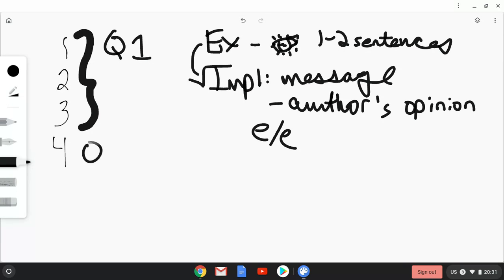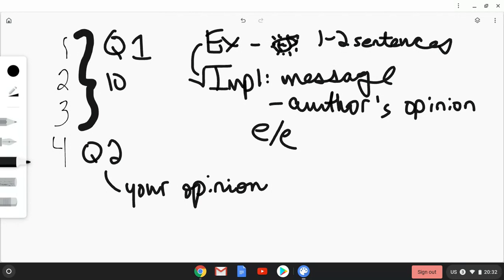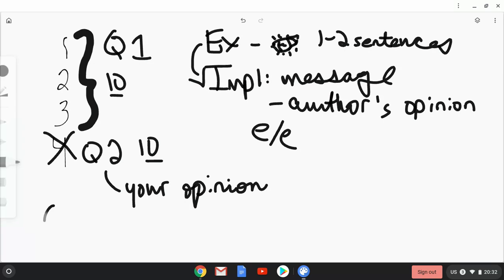Paragraph 4, question 2. This one is your opinion. Now these 3, question 1, 10 marks. This one, 10 marks. If you do not do question 4, you get a 0 on the whole assignment.